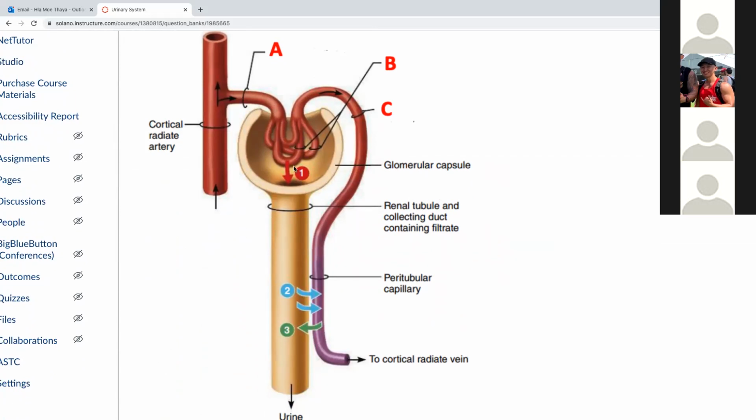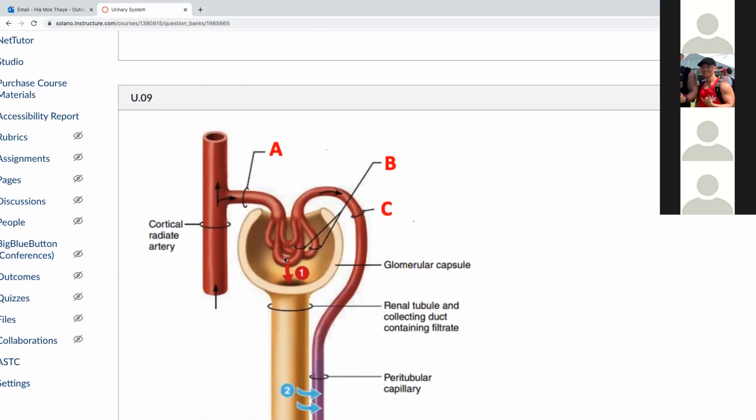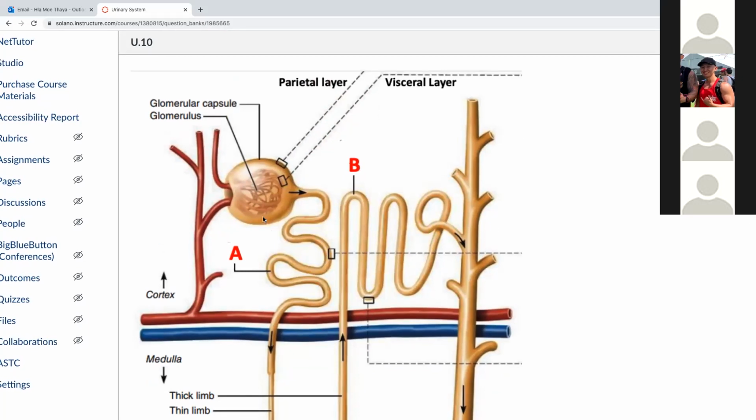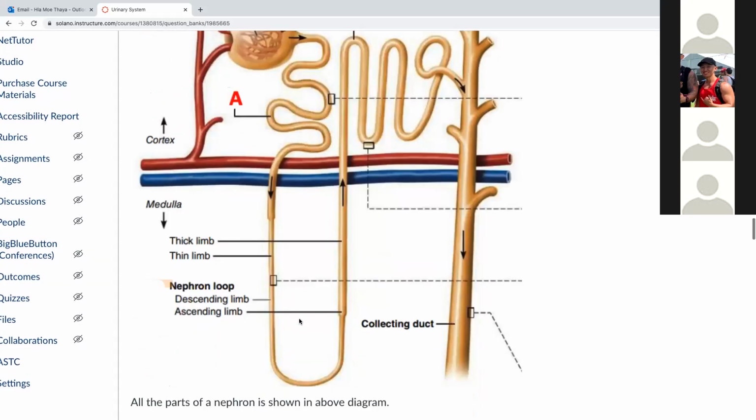Afferent arteriole, capillary, efferent arteriole, and the Bowman's capsule, glomerular capsule, renal corpuscle, and the tube. So proximal convoluted tubule, distal convoluted tubule, loop of Henle. The same structure. That's the nephron: afferent arteriole, proximal convoluted tubule, descending limb, ascending limb, thin and thick ascending limb, distal convoluted tubule, collecting duct.